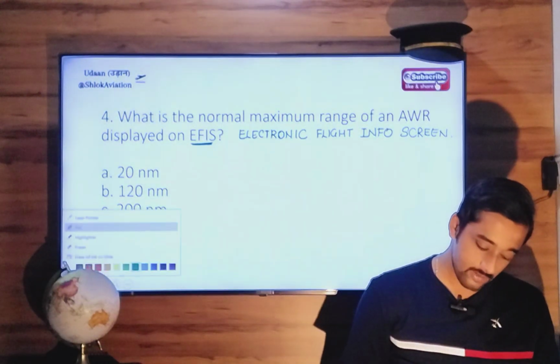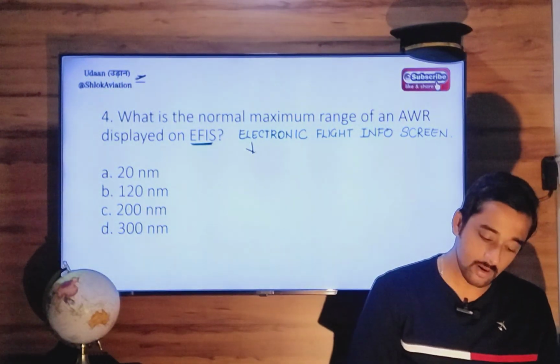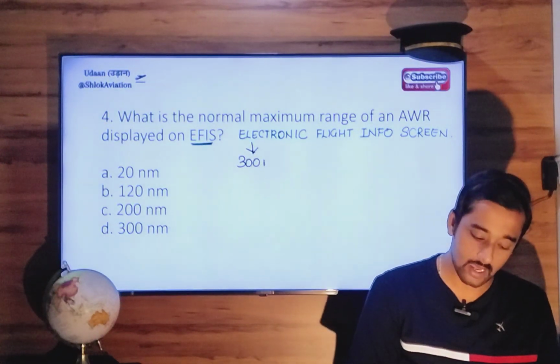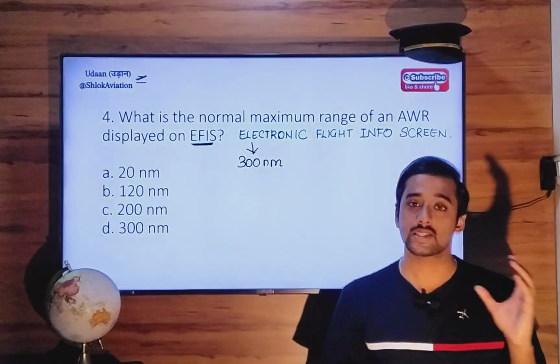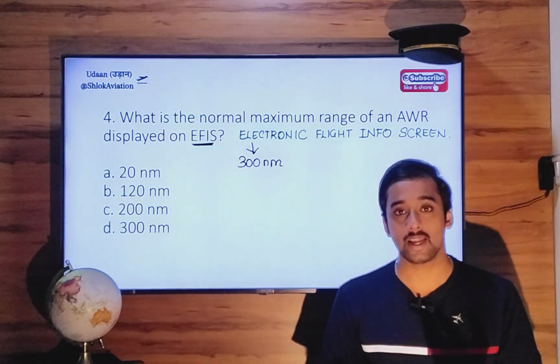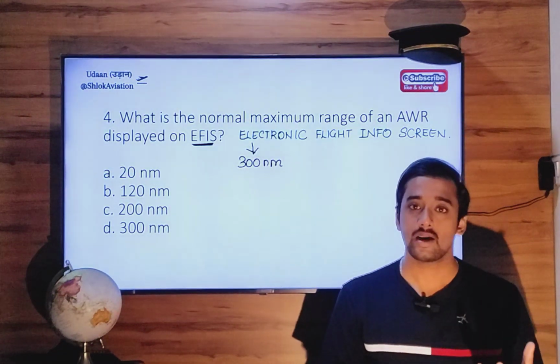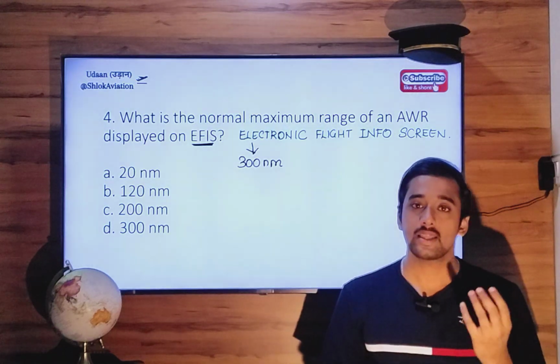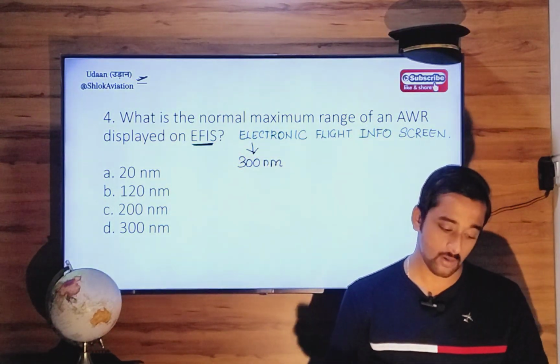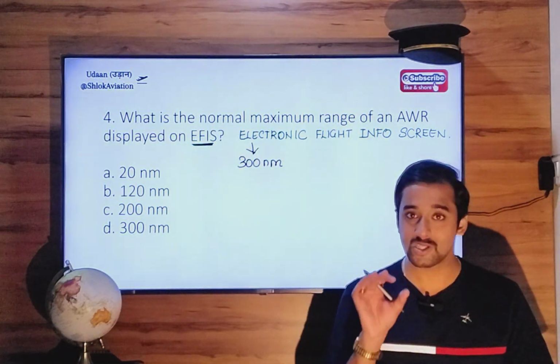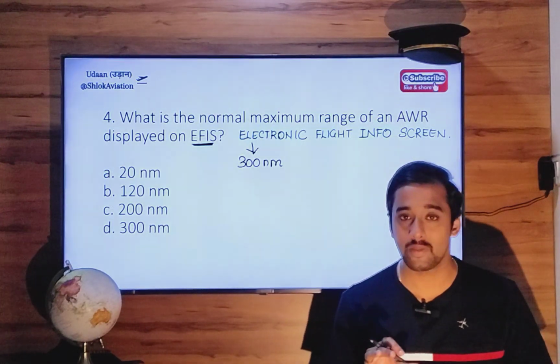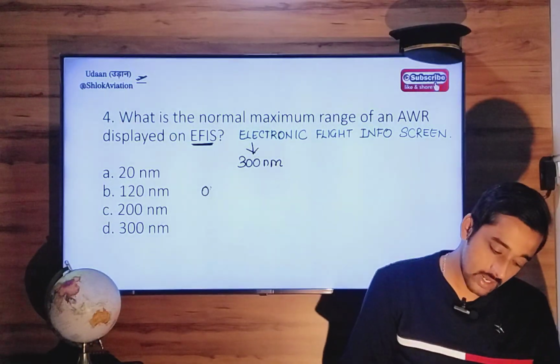So on electronic flight information screen, maximum range is 300 nautical miles. And in older systems where there was no electronic flight information screen but normal old displays, in that case the maximum range on those particular old kind of displays will be one old displays I'm writing here.